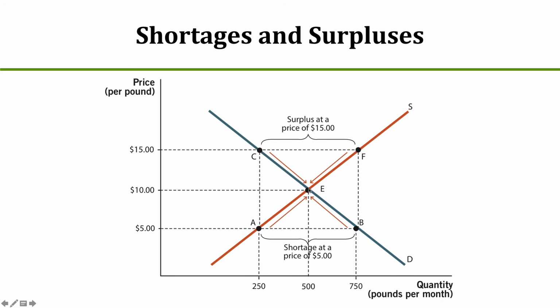Why is that? The background story is at the $5 price level, we know that there are lots of buyers in the market. They want to buy that good. But unfortunately, since the price level is so low, suppliers are supplying less compared to point E, because we know that the law of supply says that when price goes down, quantity supplied goes down too.